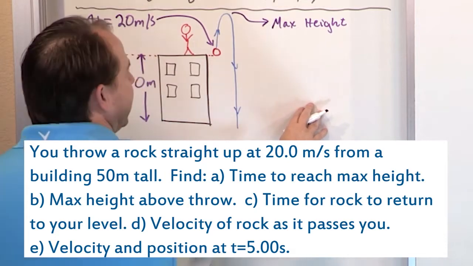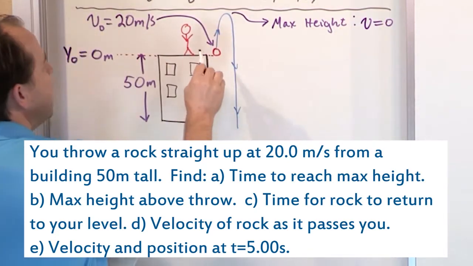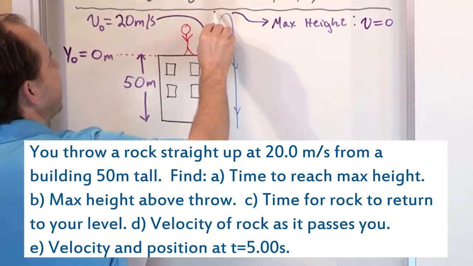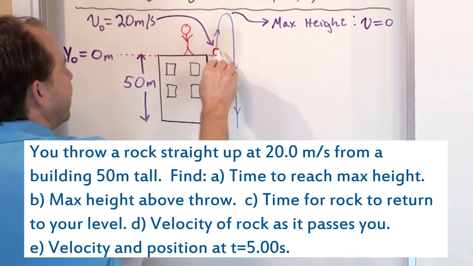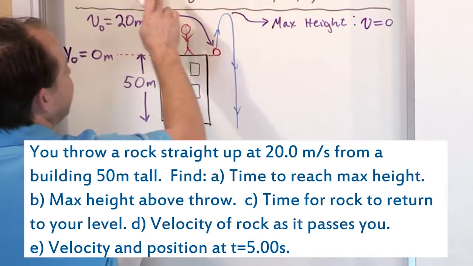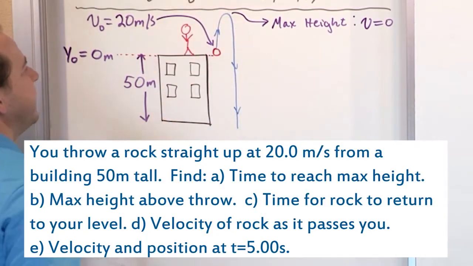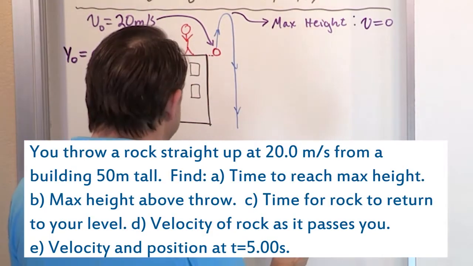And at that point, we know for sure that the velocity of this rock is equal to 0. Because it's going up, up, up, slowing down, and then it must reverse direction. So at that moment at the top, the velocity of the rock is 0. That's actually going to be useful. You can put it into these equations because that's the constraint at the top of the path.